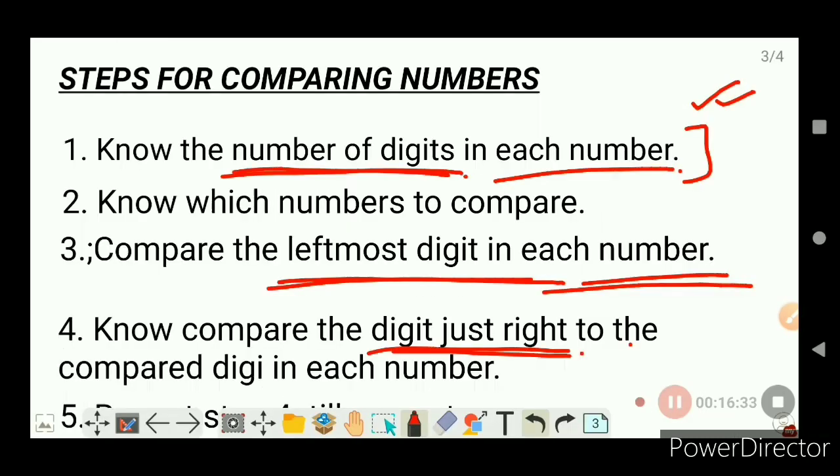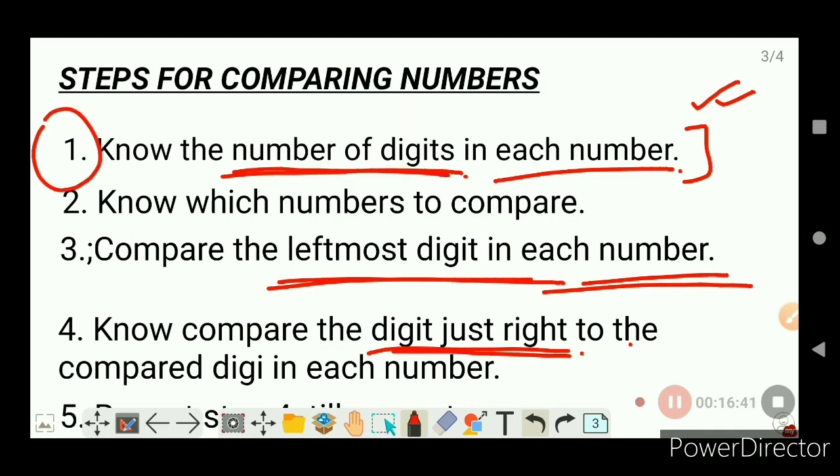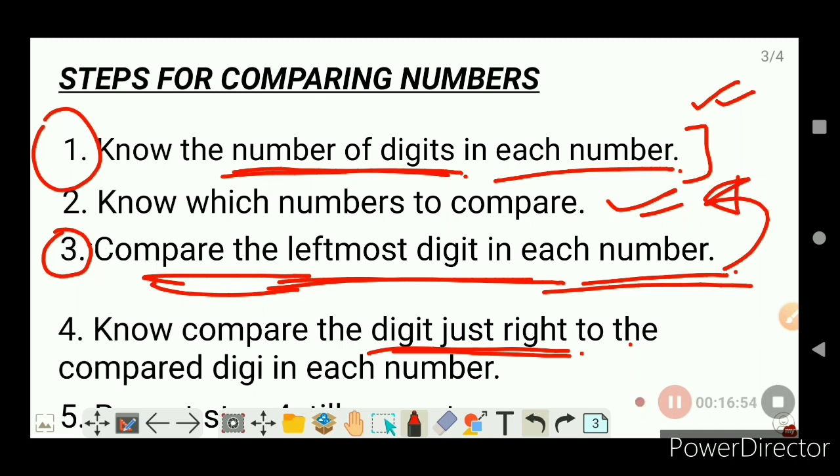What we did here is, first step, know the number of digits in each number. Second step is to know which numbers are to be compared, but this is known by doing the third step: compare the leftmost digit in each number, and then we know which numbers have to be compared, like what we did in the example.